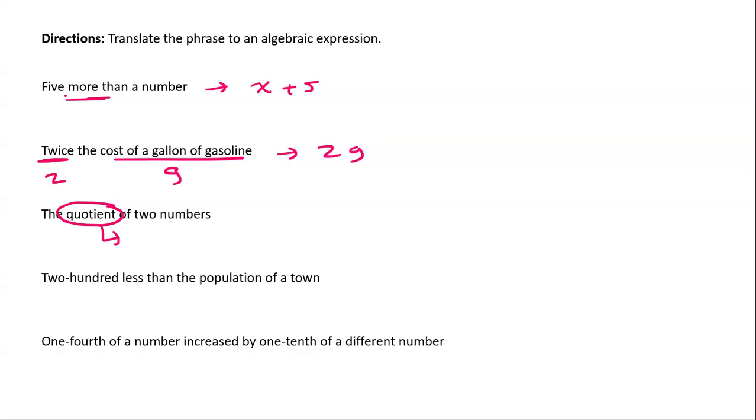I don't know what those numbers are, but again, I can pick any letter I want. I can pick A, I can pick B, I can pick X. So the quotient of 2 numbers means 2 numbers are being divided. So X divided by Y, or I can say A divided by B. It doesn't matter.